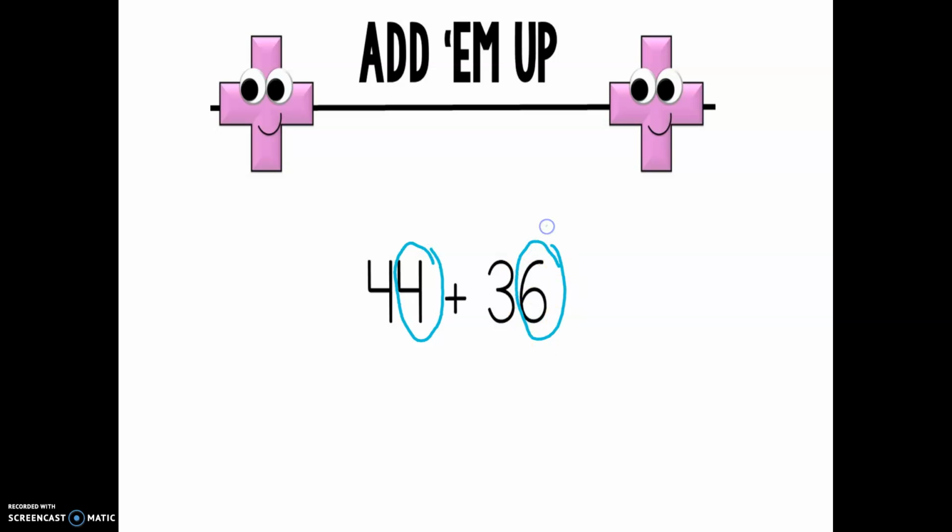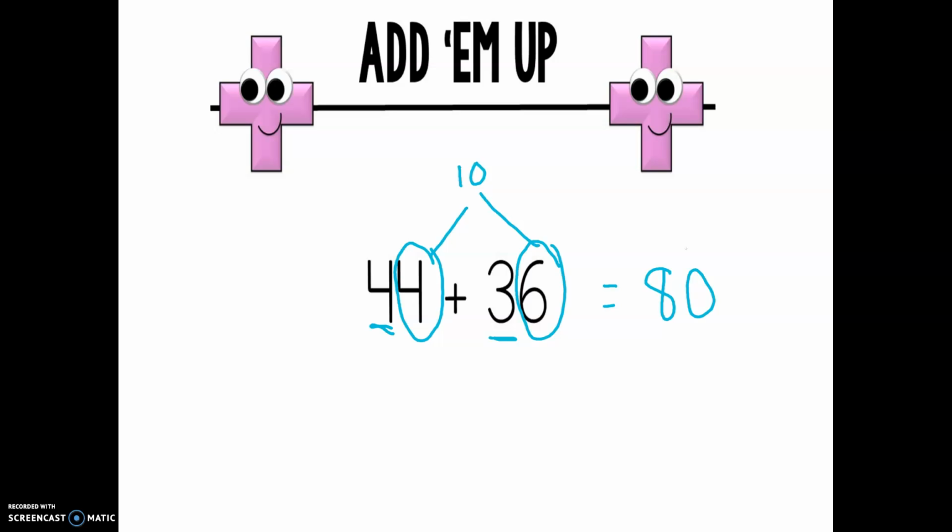So I know that if I add the 4 ones and the 6 ones together, I'm going to get a 10. And I know that this 4 is not 4, it's 40 because it's in the tens place. This 3 is not 3, it's 30. It's in the tens place. So 40 plus 30 is 70 plus the 10 that we made. That means this is going to be 80.